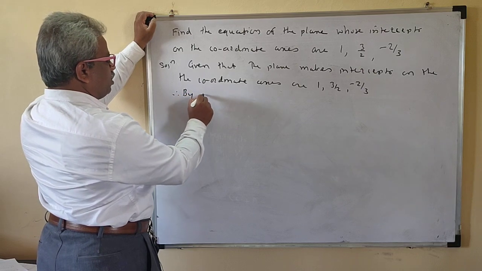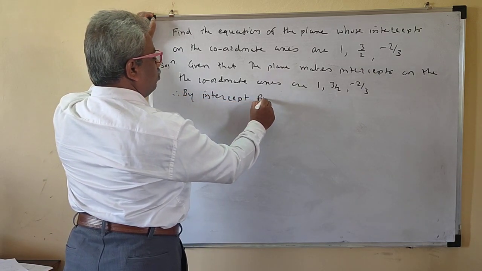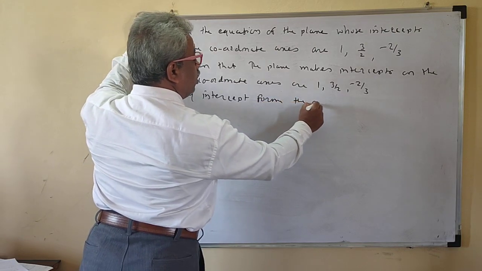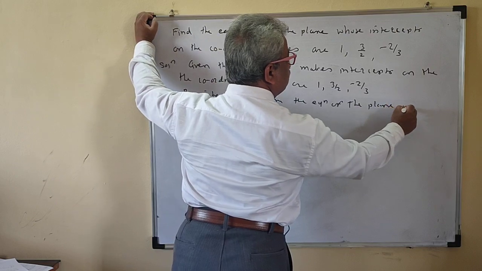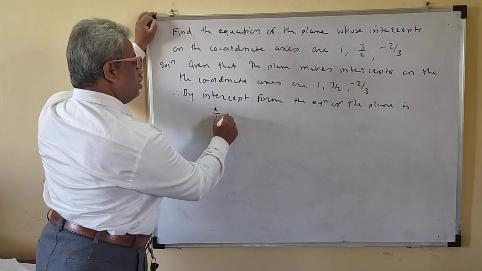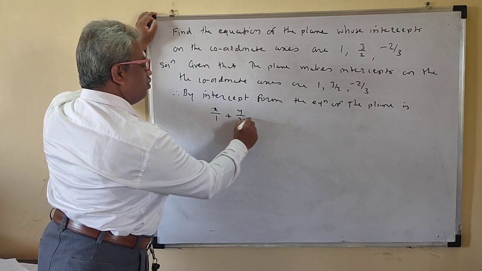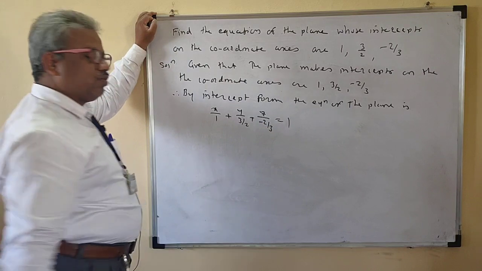Therefore, by intercept form, the equation of the plane is x upon 1 plus y upon 3 by 2 plus z upon minus 2 by 3 is equal to 1.